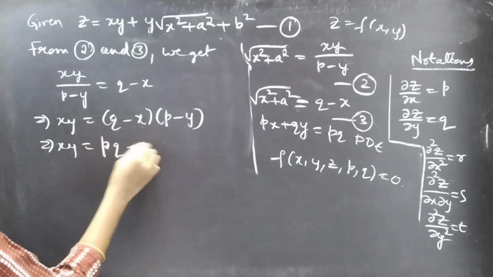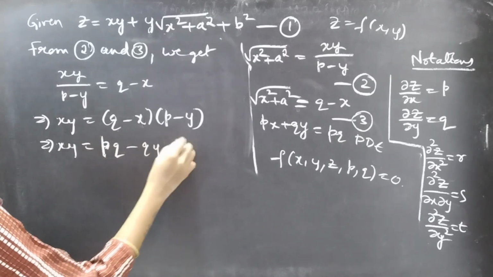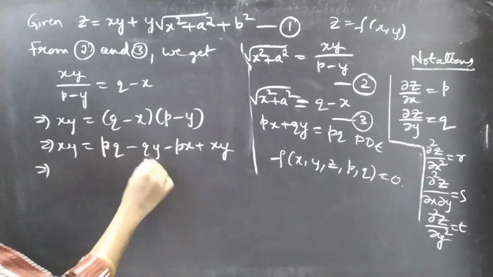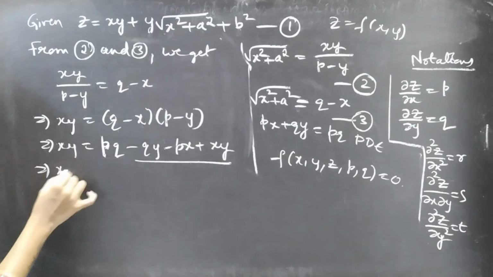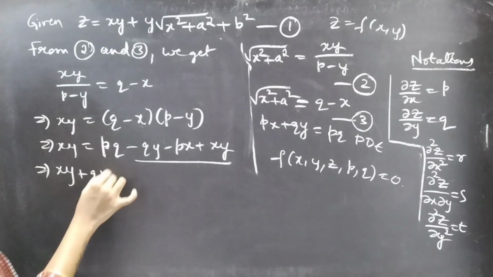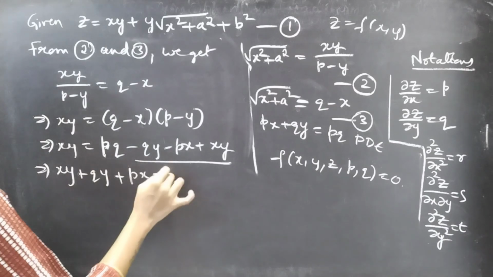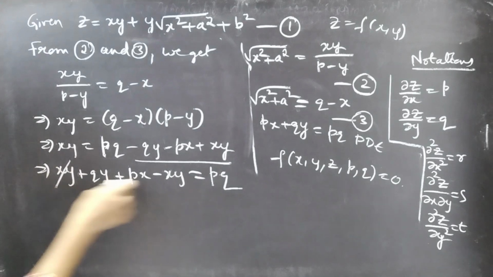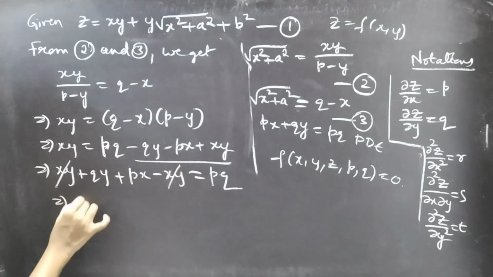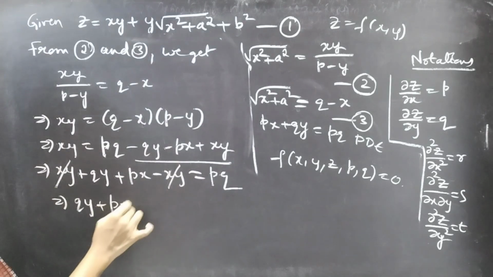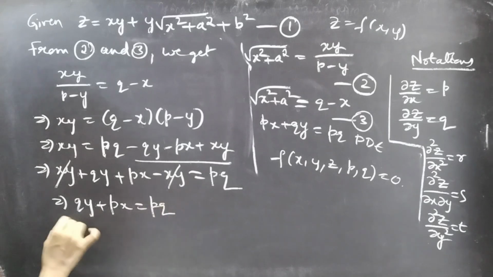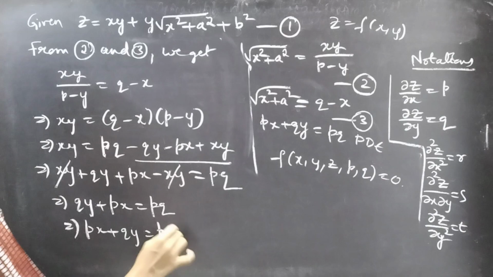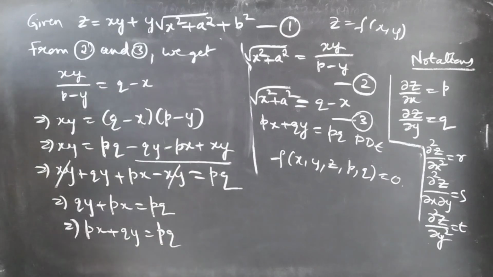pq minus qy minus px plus xy. Now bring these three terms to LHS. We'll get xy plus qy plus px minus xy equals pq, where xy minus xy gets cancelled and we'll get, right? Or we can write this as px plus qy equals pq, which is the required partial differential equation.